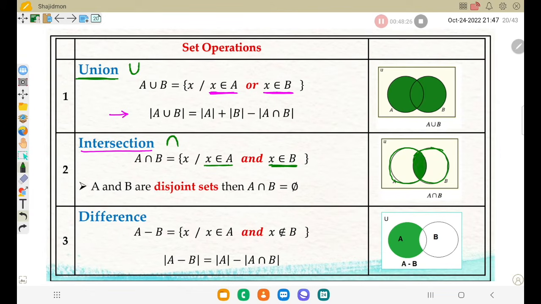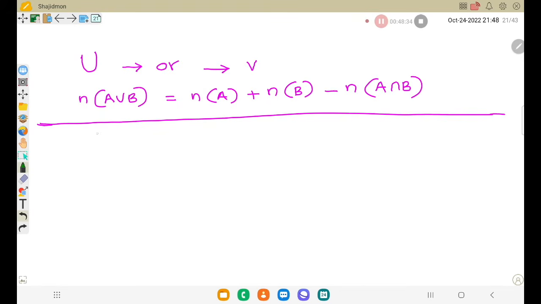So x should be in A and x should be in B, both. That is the meaning of intersection, okay. So I will show here, this symbol means and. That number should be in the first set and the second set, and, okay. In logic we can use this and symbol.